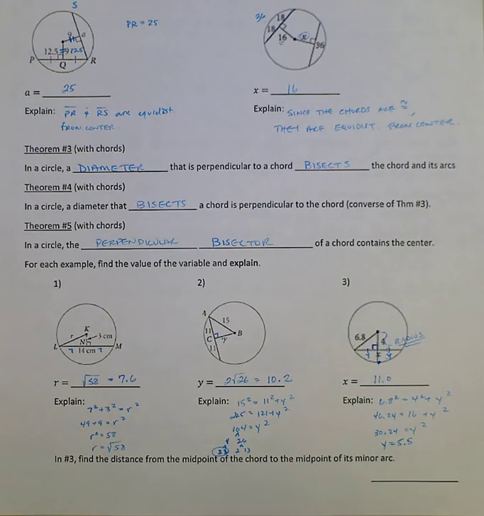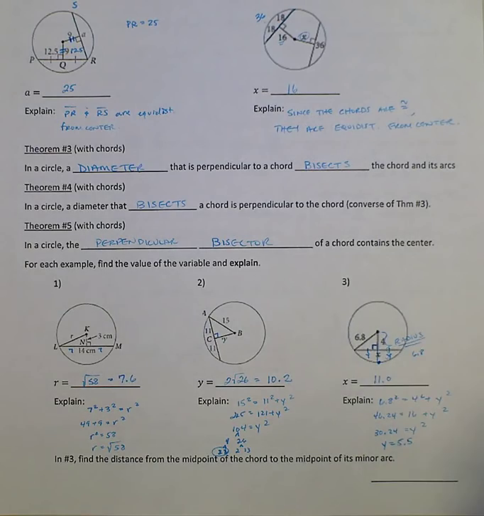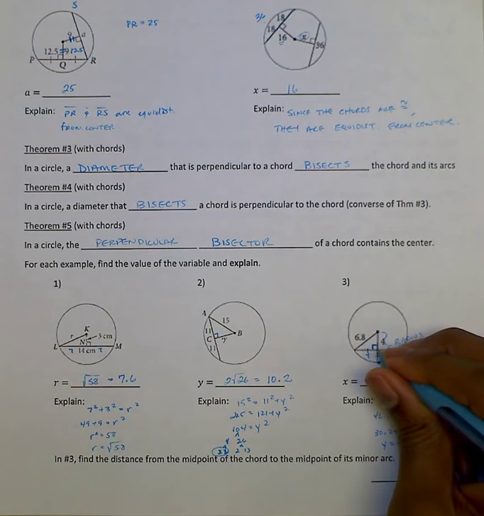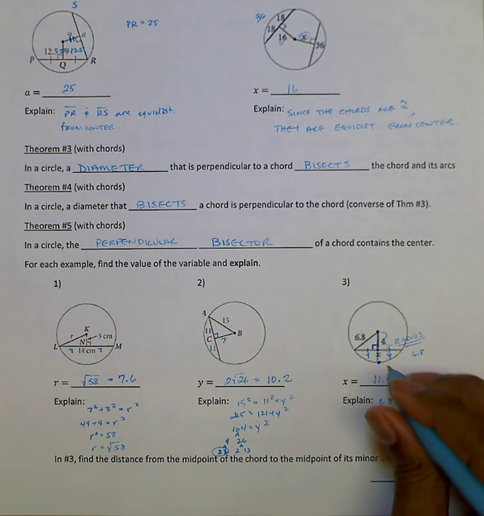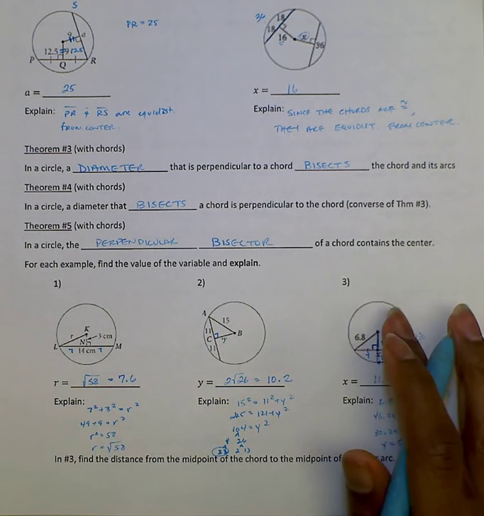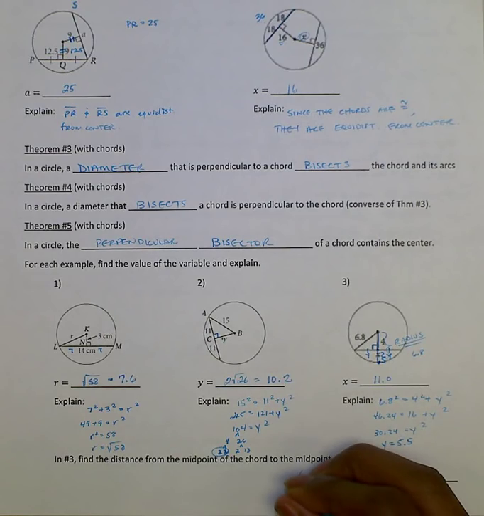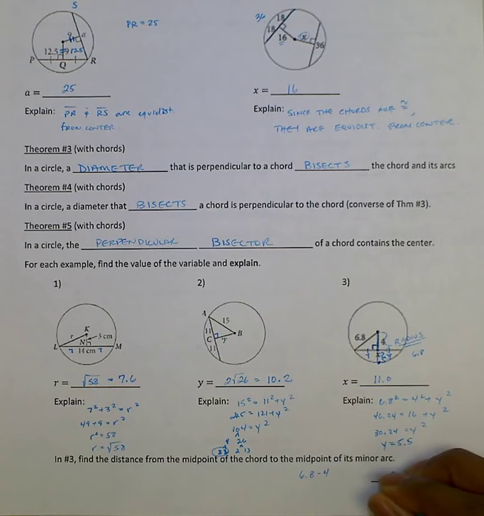Okay? And so the radius is going to be 6.8. So from the center, the midpoint of the chord was 4. So the distance from here to here will be the difference between the radius and this length. And so 6.8 minus 4 is 2.8.